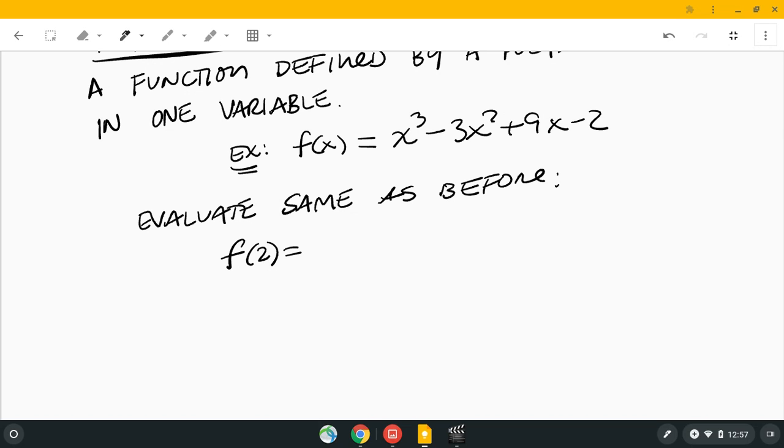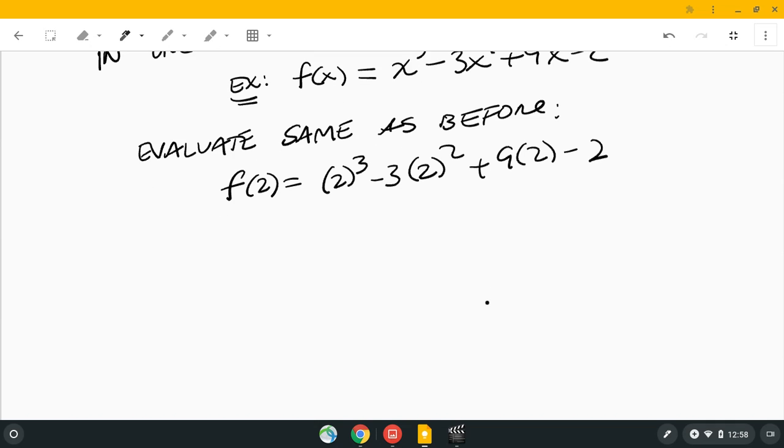Remember, this means to replace all the x's in our function with 2. So 2 cubed minus 3 times 2 squared plus 9 times 2 minus 2. Okay, and you still work this out the same way. 2 cubed, 8. Order of operations, exponents first, and then multiply.